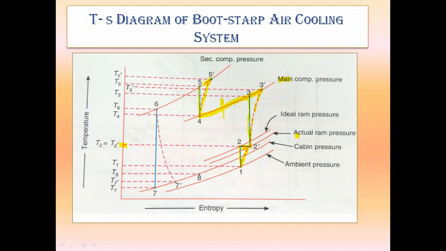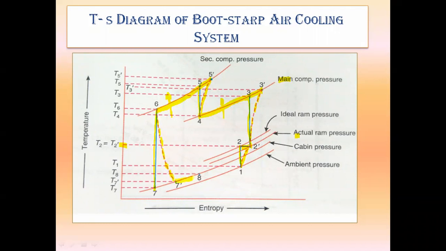Then the outlet of the secondary compressor will be supplied to the second heat exchanger where the constant pressure heat rejection process will take place. So 5 dash to 6 is constant pressure heat rejection inside the second heat exchanger. Then 6 to 7 is the expansion inside the cooling turbine, where pressure will decrease from delivery pressure to the cabin pressure. So 6 to 7 is ideal, and 6 to 7 dash is actual expansion inside the cooling turbine.